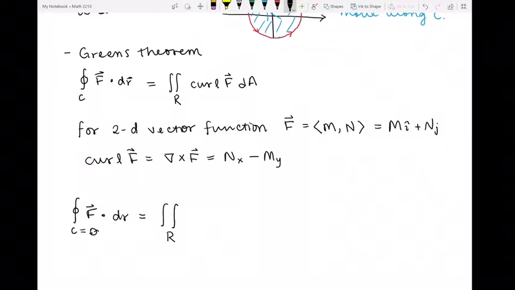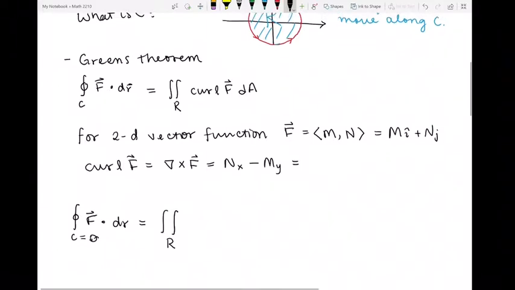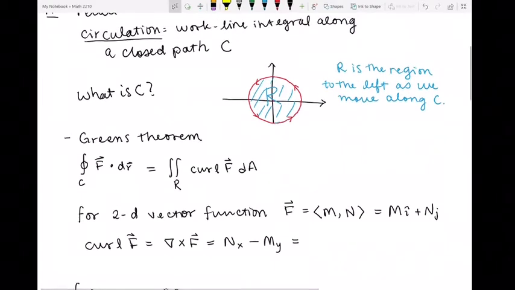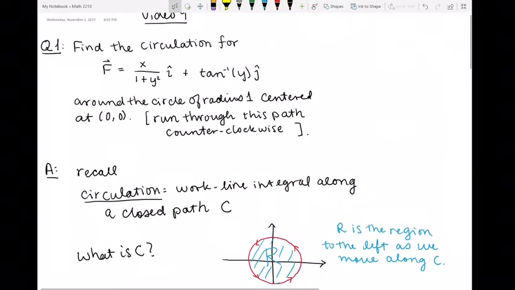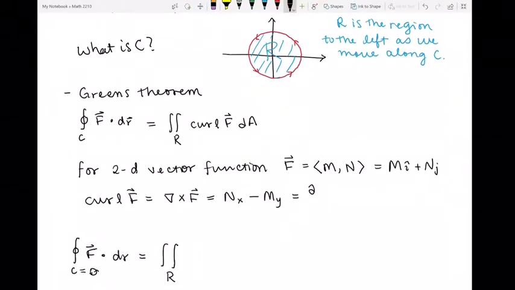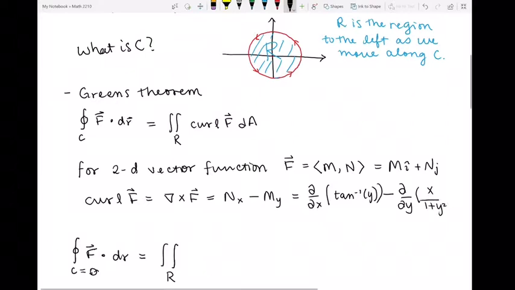But let's go ahead and shove in what the curl is here. The curl for our situation: if I'm going to take the derivative with respect to x of this N part, that means I have to take the derivative of arctangent with respect to x. So that's the partial with respect to x of tangent inverse of y, minus the partial with respect to y of the other guy, which was x over 1 plus y squared.